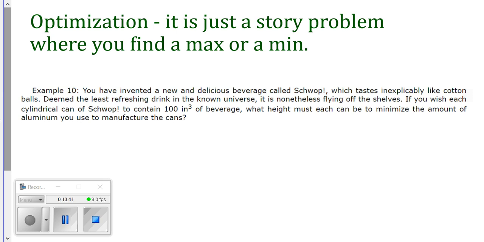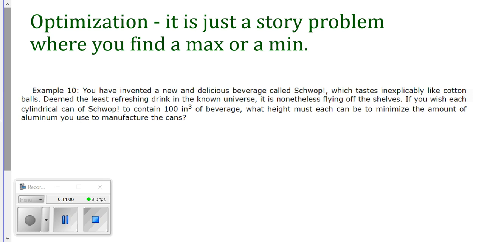So suppose you have invented a new and delicious beverage called Schwab, and it's Schwab with an exclamation point or possibly a factorial, which tastes inexplicably like cotton balls. It's kind of a bad invention, unless the cotton ball taste makes people want to drink more because they're thirsty. Then it's genius. Deemed to be the least refreshing drink in the known universe, it is nonetheless flying off the shelves.